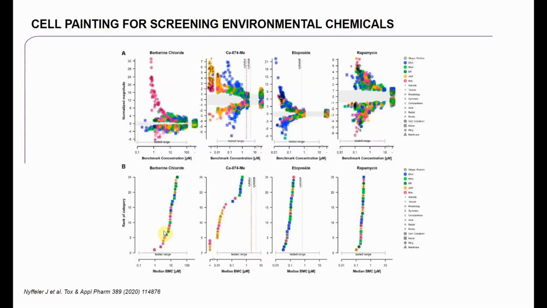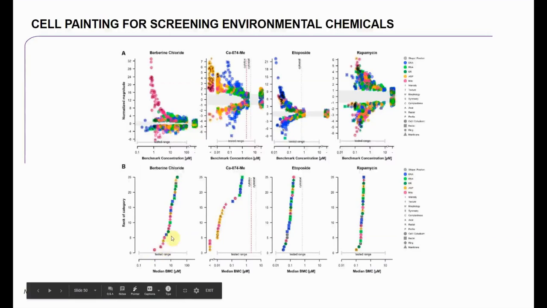Categories of features. And then for each category, you get an aggregate score for the actual benchmark response. And then for each one, you get a benchmark concentration. And then the one that has the lowest benchmark concentration, that determines the POD from the cell painting assay.